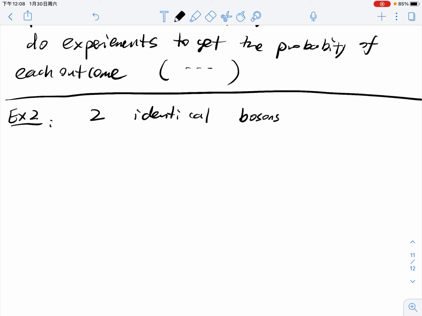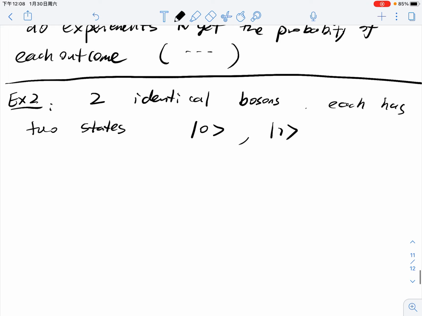And suppose each has 2 states, either 0 or 1. This is just a simplification. Probably you will have many states, but let's assume you have 2 states.